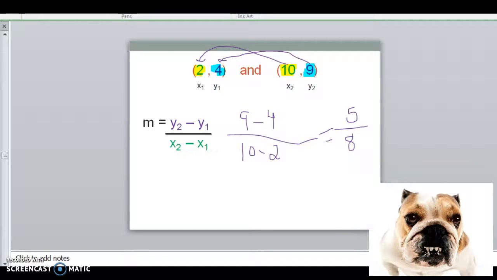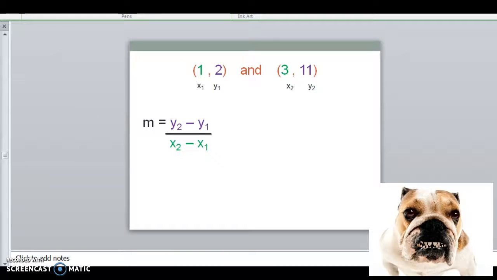Let's look at one more example before our graphic organizer. Highlight my x values. Highlight my y values. I'm going to start with my y values.